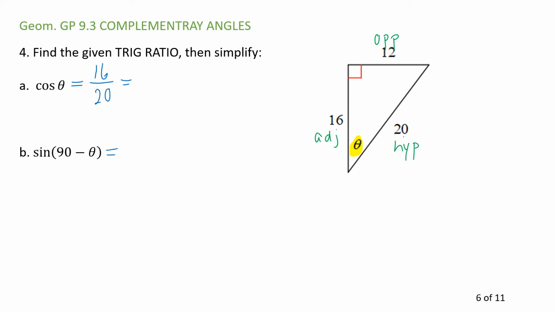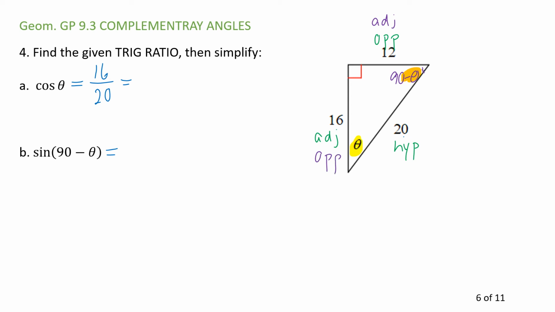But what happens if you go to the other corner? This is 90 degrees minus theta, which I don't know, maybe if this is a 35 degree angle, 90 degrees minus will make it a 55 degree. Doesn't matter, that's what we're calling it. If you're standing at this corner, this becomes your adjacent side, and that becomes your opposite side.